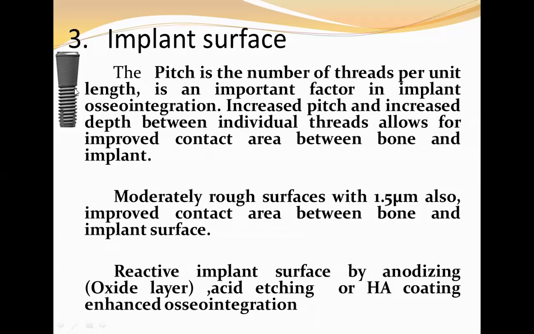As you can see, these threads will increase the surface area. The more bone comes in contact with your implant, the less force is transmitted per unit area to your bone. That allows more bone formation and enhances the performance of your implants.